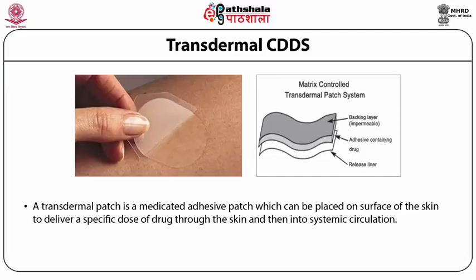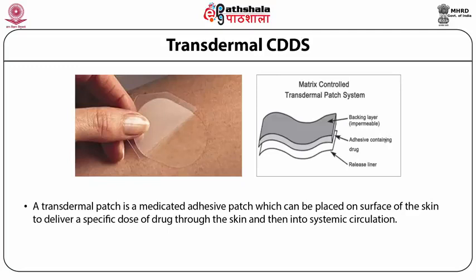The main components which can be visualized on the screen include the liner, which protects the patch during storage. The liner is removed prior to use. Then you will have the drug in the system, which is the drug solution in direct contact with the release liner.